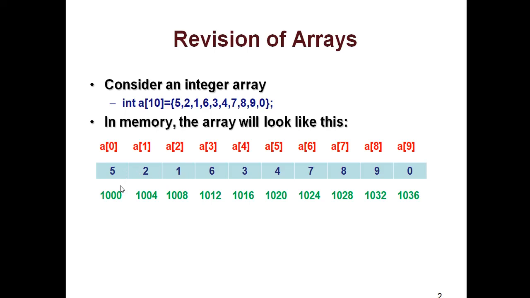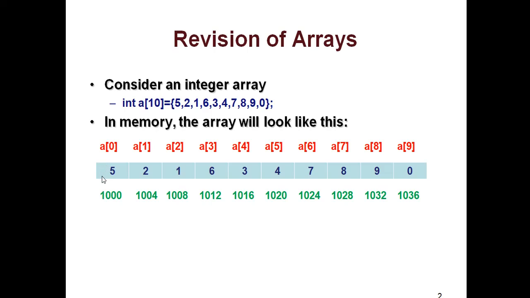Also, let us assume that each element is stored at some memory location. Now we know that in arrays the elements are stored in consecutive memory locations. Assuming that each memory location can store 1 byte of data, each element of the array, since it's an integer array, occupies 4 bytes in memory. So the next element of this array will be at an interval of 4 bytes each.